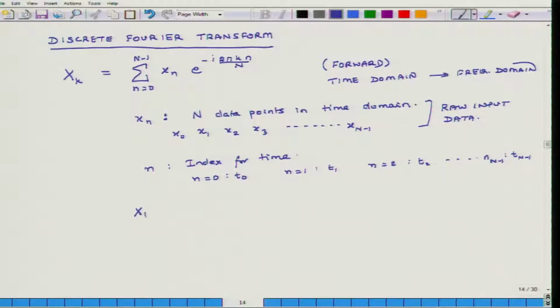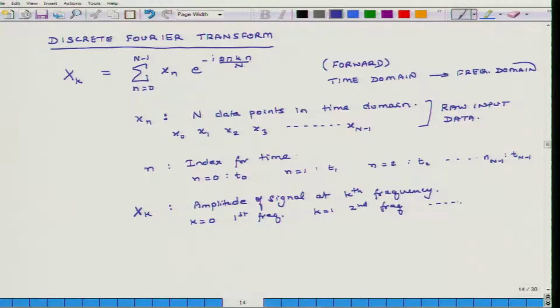Now, let us look at x k. What is x k? Amplitude of signal at kth frequency. k equals 0 means first frequency, k equals 1 means second frequency, and we go up to k equals N minus 1 meaning Nth frequency.